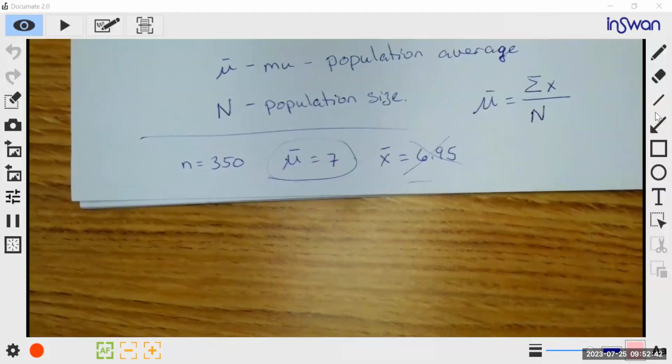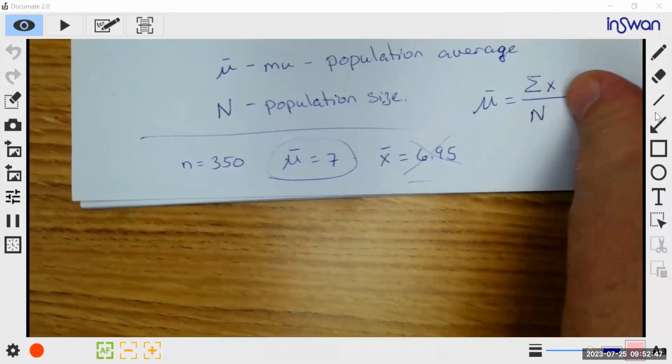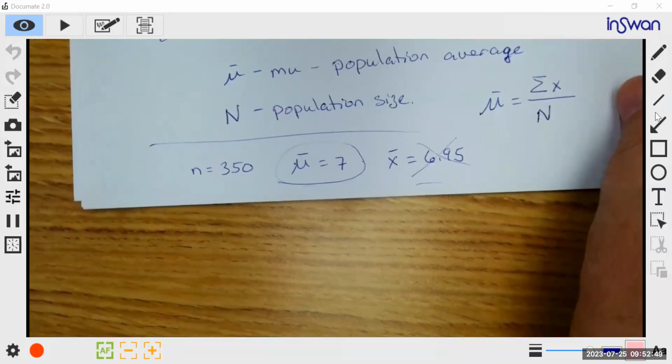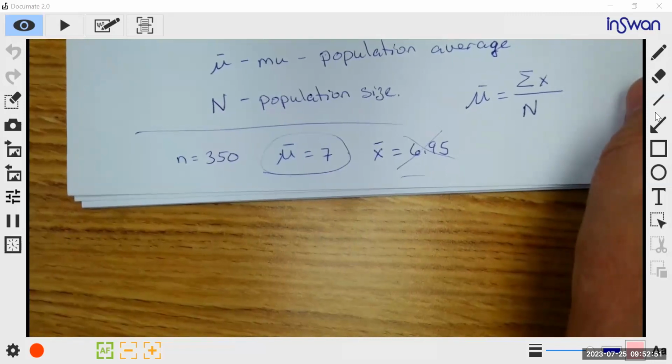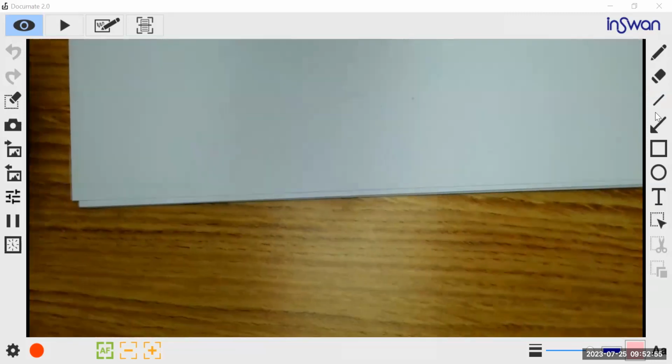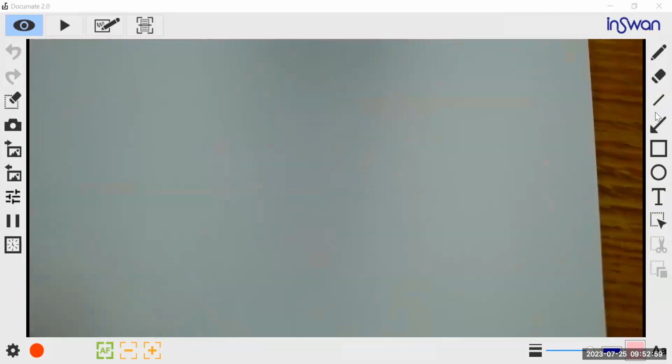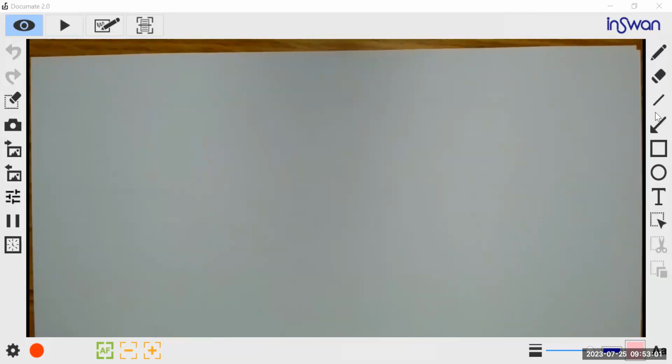So whenever you have population information, use that. Any questions so far? Right, so it's the symbols, the letters you use. If they're Greek, then they're population. Those are the most accurate you can get.